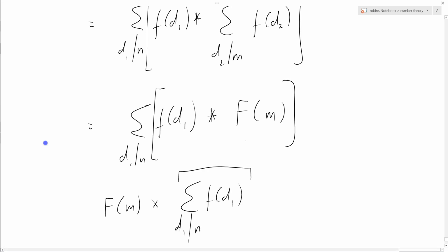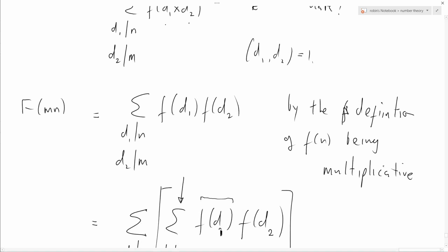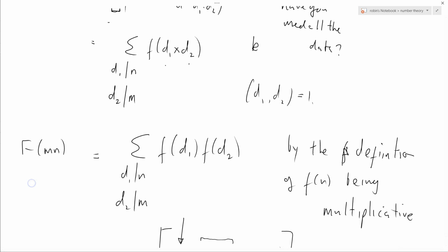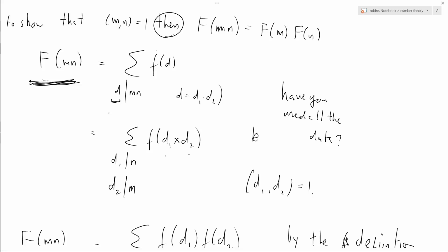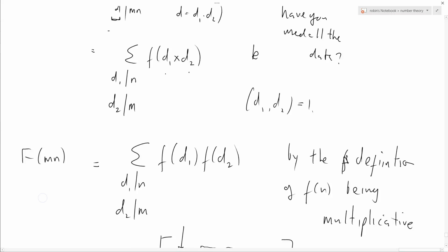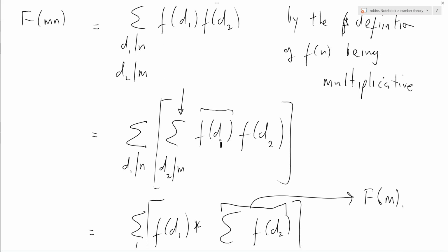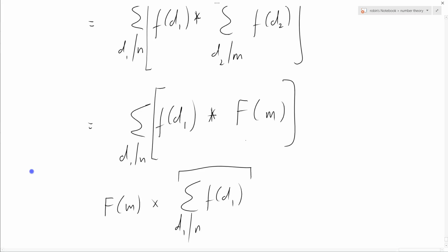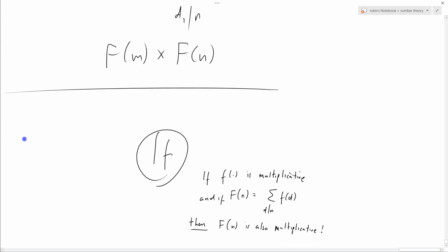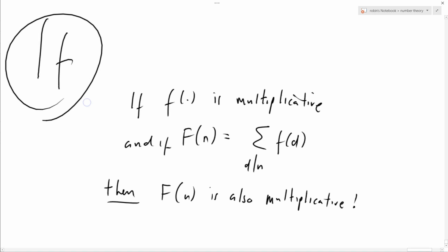We've used properties of divisors, the coprimeness of m and n, the definition of multiplicativeness, and summations and changing the order. We've used lots of features about numbers to get to this fantastic result. And we're going to use it over and over again to solve Olympiad questions. So I'm going to stop there.